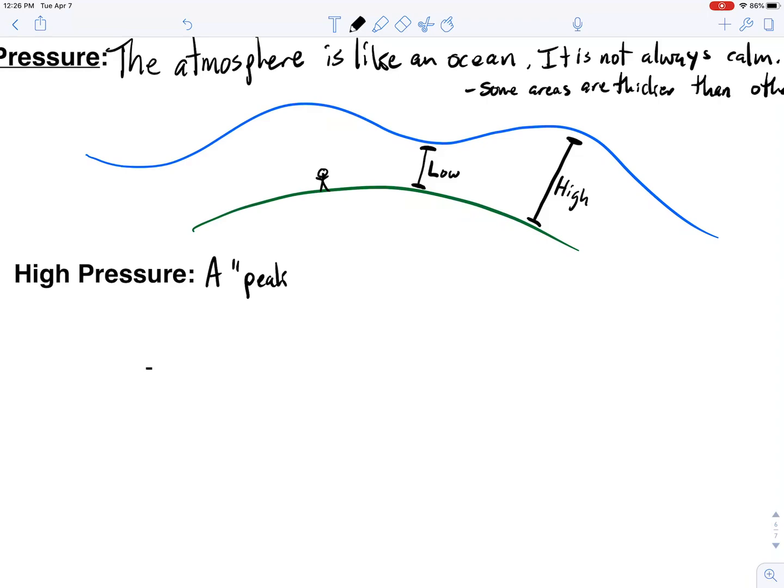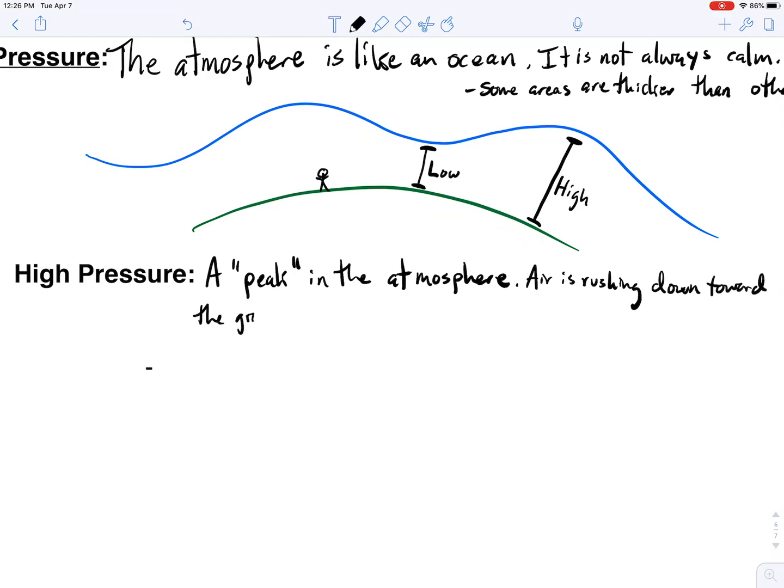So let's jump in. Let's think about high pressure. Let's describe it. High pressure is what we'll call a peak in the atmosphere. And around high pressure, air is rushing down toward the ground and spreading out.